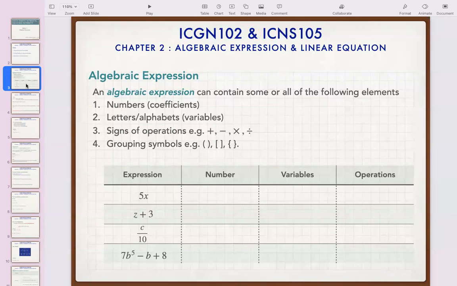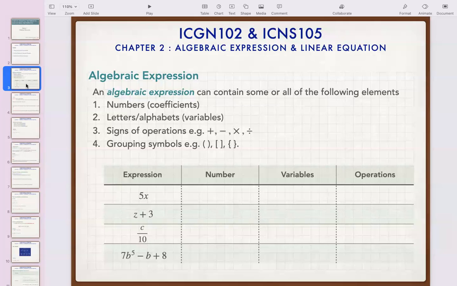Next, signs of operation like plus, minus, multiplication, division. And the last one, grouping symbols like brackets, square brackets, parentheses. So these are four elements that might exist in an algebraic expression.